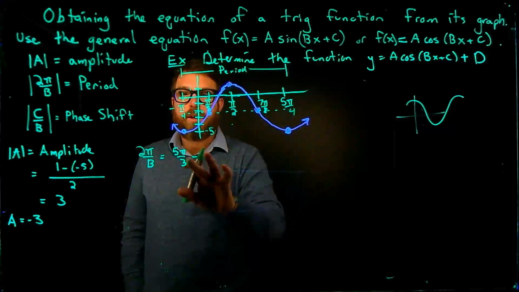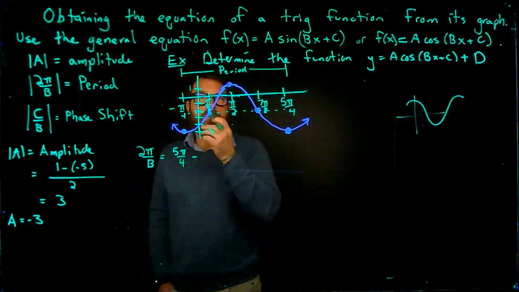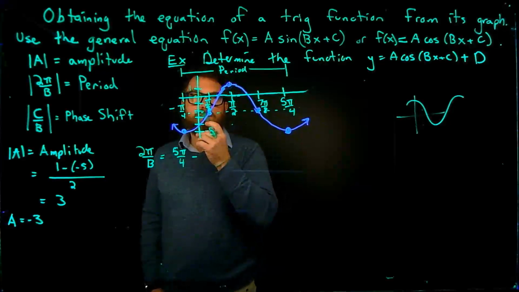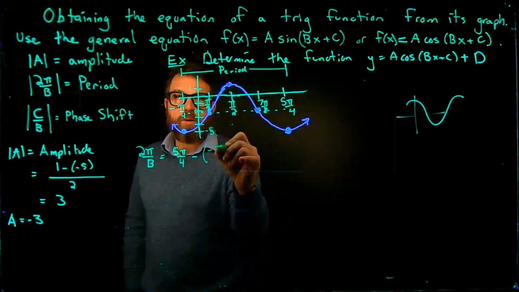Let's try that again. So 5 pi over 4, and then minus our negative pi over 4.